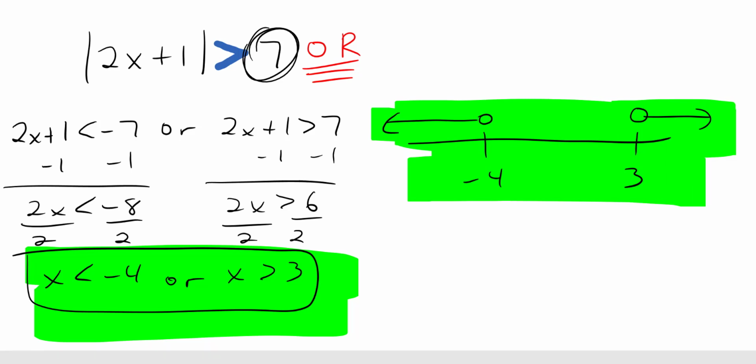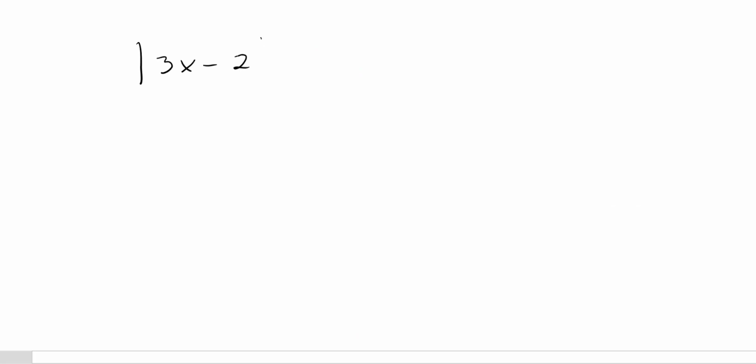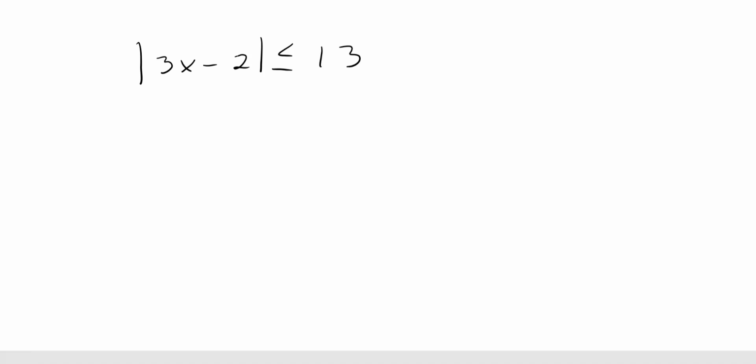Okay, all right. So let's try another one here. Let's do the absolute value of 3x minus 2 is less than or equal to 13. The first thing you've got to do is look at the inequality, and the inequality is less than or equal to.